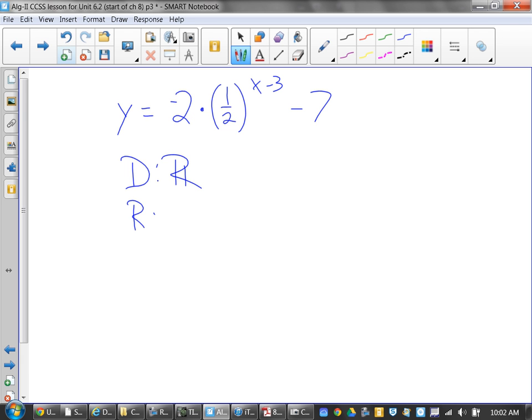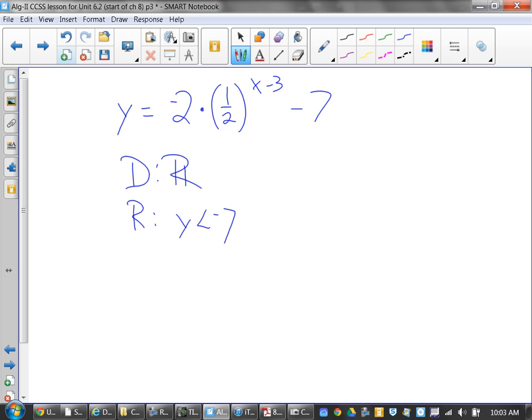Now your range, where's it bounded? -7. That's it. Just picking up on these little tricks within the functions, you'll be able to do stuff quicker.